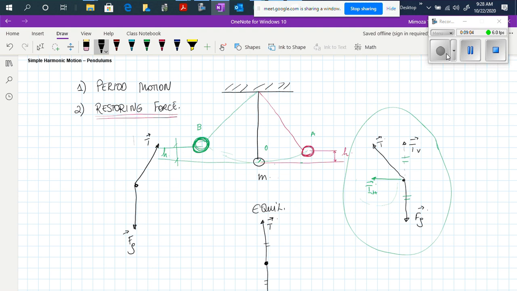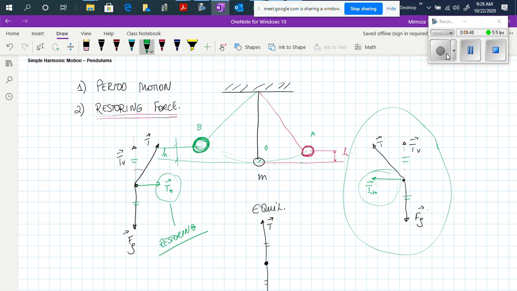The tension has two components, the horizontal component and the vertical component. The horizontal component of the tension is unbalanced, because the vertical component is canceled out by the force of gravity. And this is the restoring force, with the same logic as on the other side of the pendulum.